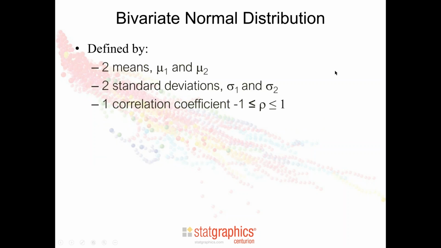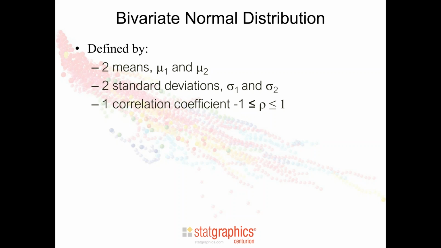Now, in the case of the bivariate normal distribution, which is what we want to use for our medical devices, a bivariate normal distribution has two means, mu1 and mu2, two standard deviations, sigma 1 and sigma 2, and a correlation coefficient rho, which most of you are familiar with from regression analysis and so forth, which is somewhere between -1 and 1.